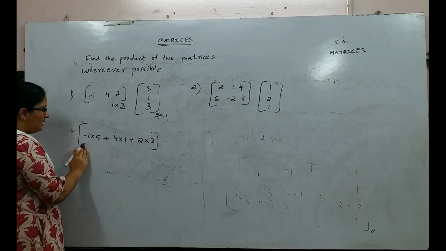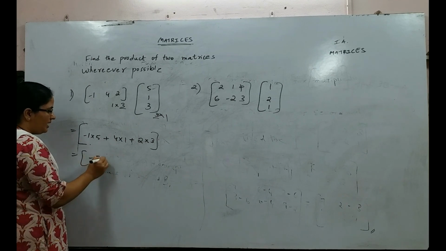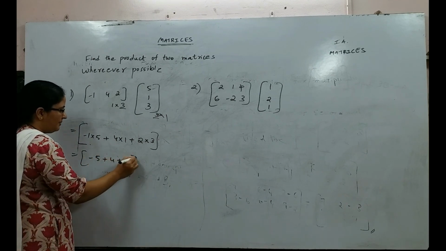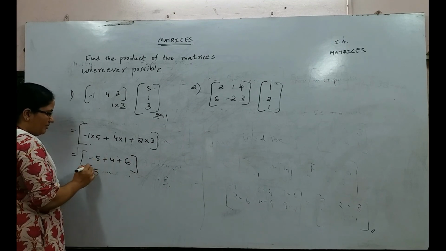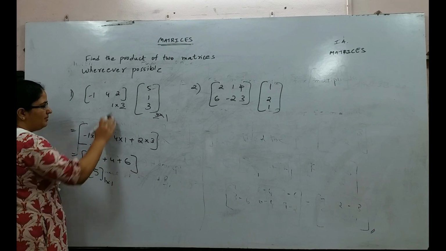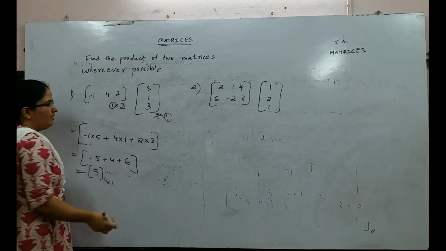You will get a singleton matrix. 5 into minus 1, minus 5 plus 4 plus 6. 6 plus 4, 10, 10 minus 5, 5. This is of the order 1 by 1.